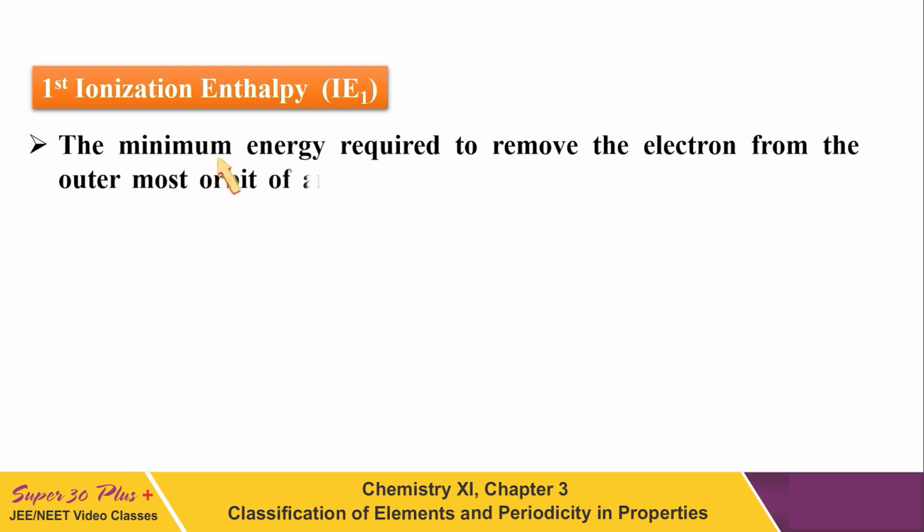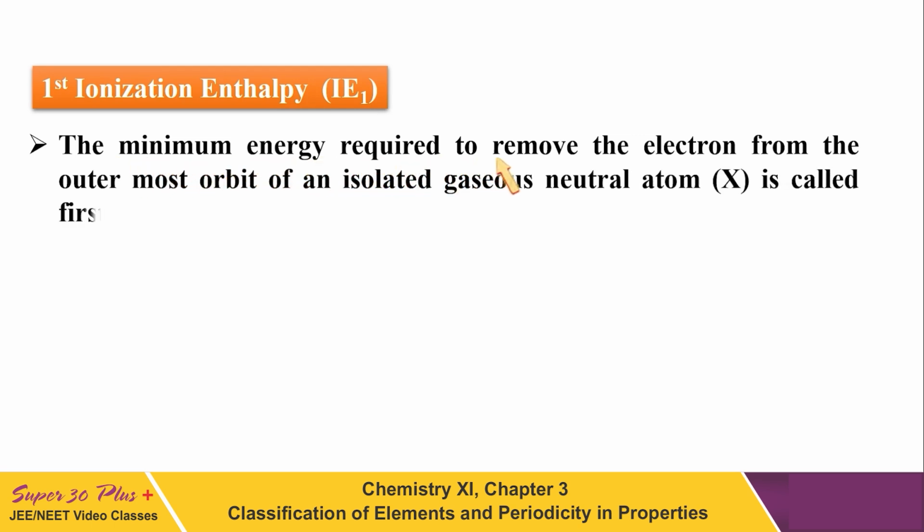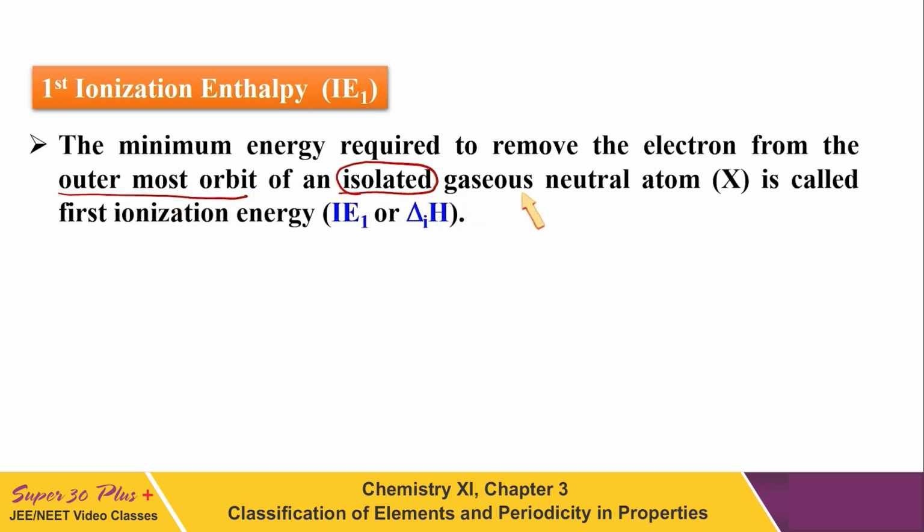It is the minimum energy required to remove an electron from the outermost shell of an isolated gaseous neutral atom. When you remove an electron from the isolated gaseous and of course neutral atom, this is called first ionization energy.